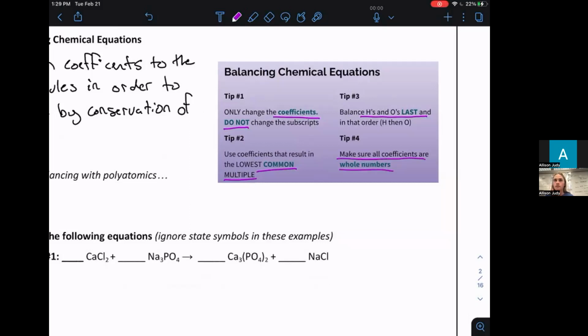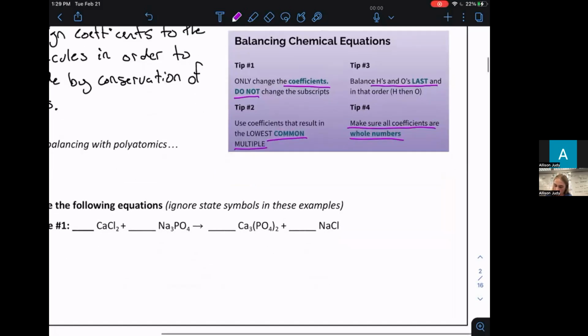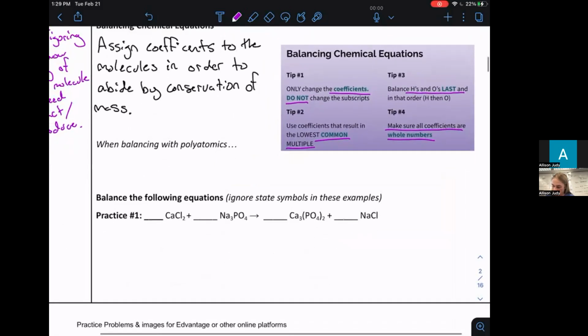If they're not, multiply all the coefficients by some number so that you have whole molecules and not fractions of molecules. Quick note, this may seem obvious, but they can't be negative. You also can't just do 0, 0, 0, 0. That would work, but we don't accept that, sorry. That would be a non-reaction.